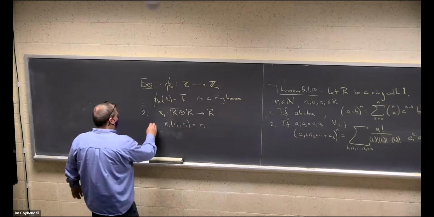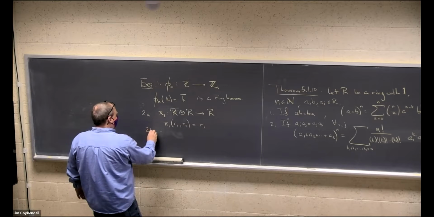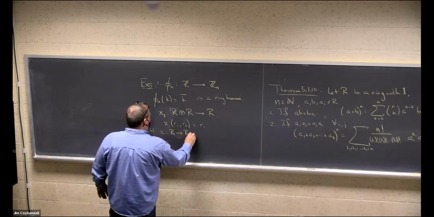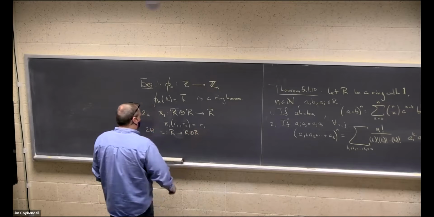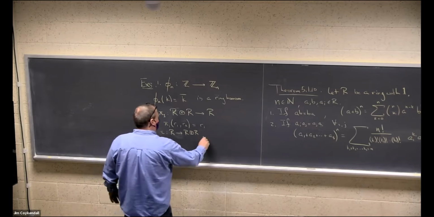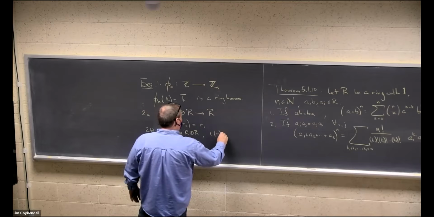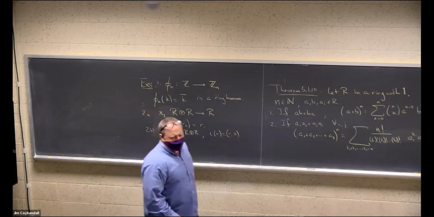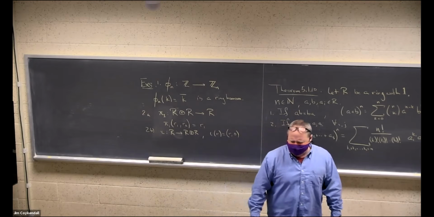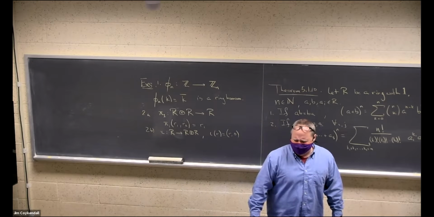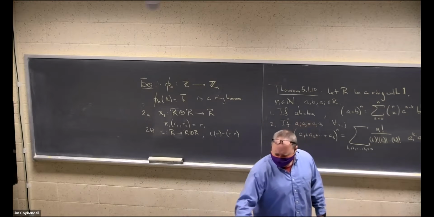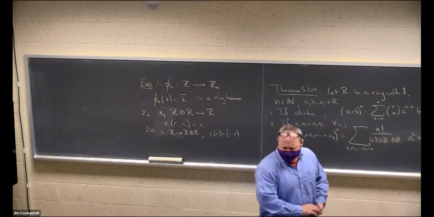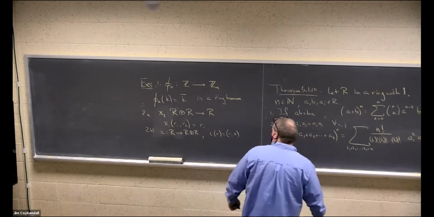There's also an iota from R into R, iota of R. That's a ring homomorphism as defined so far. Let me do one more here.